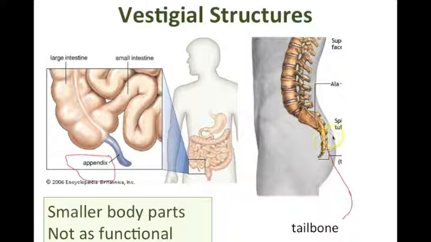It's possible that our ancestors at some point had a use for the tailbone, but we as humans now do not have use. Our appendix and our tonsils are also examples of vestigial structures, meaning that they no longer serve a function in our bodies.